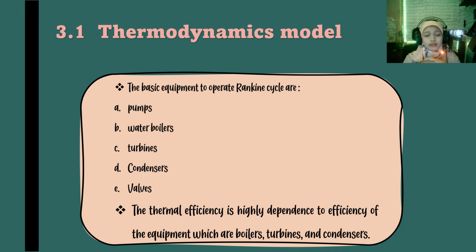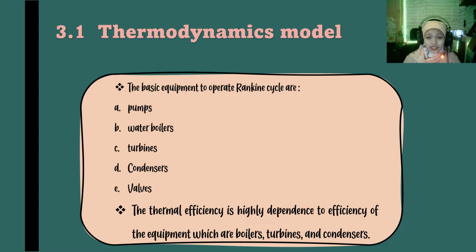Next, I will explain the thermodynamic model that our group used to simulate the process that occurs in the Yanggun steam power plant normal operation. The basic equipment to operate a Rankine cycle are pumps, water boiler, turbine, condenser, and valve.